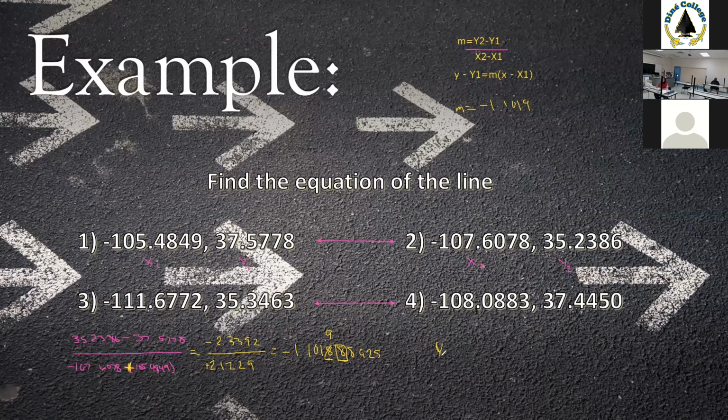So y minus 37.5778 equals, and you're going to put this slope right here, negative 1.1019, in parentheses, x, then minus right here, and you're going to put your parentheses, negative 105.4849.